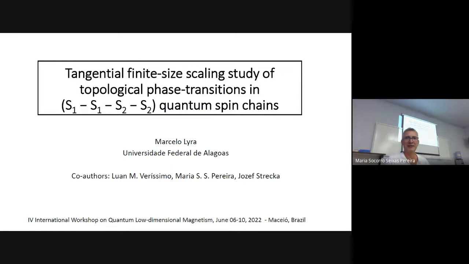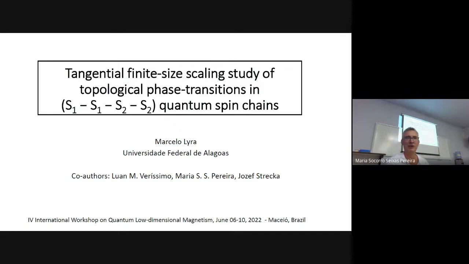This work is a part of the PhD thesis of Luan Verismo. In his thesis, we are trying to focus on the proper scaling analysis of Gaussian-like phase transitions.